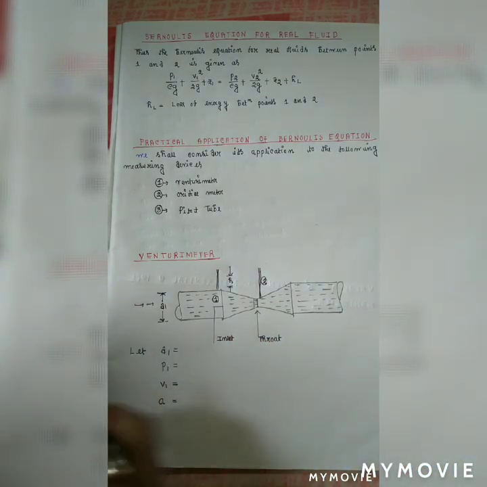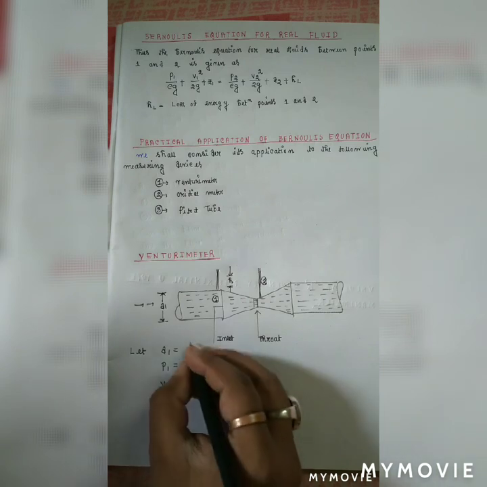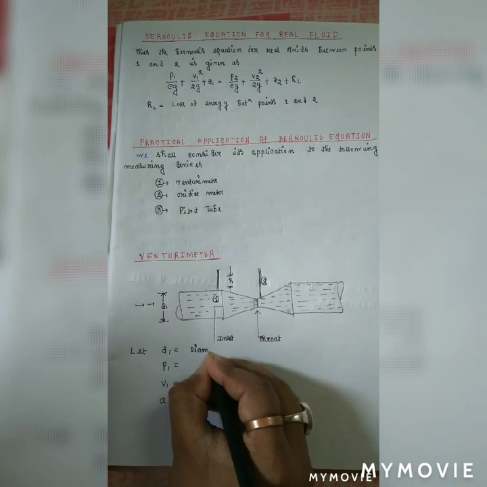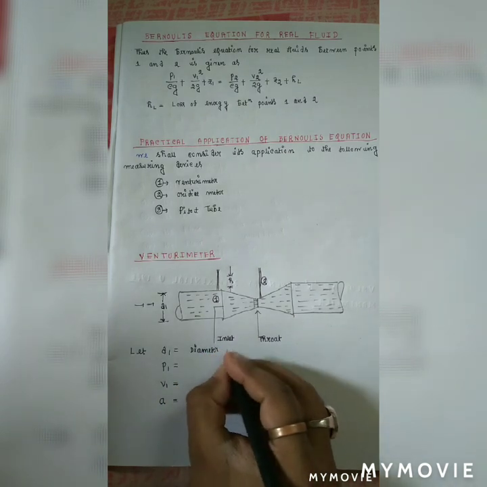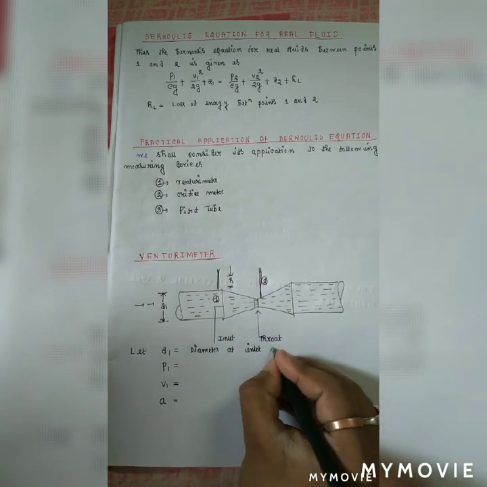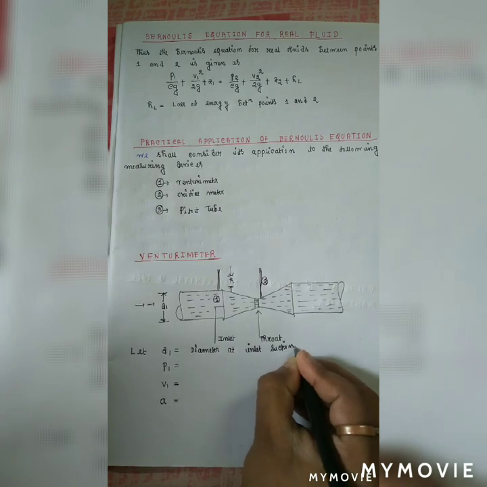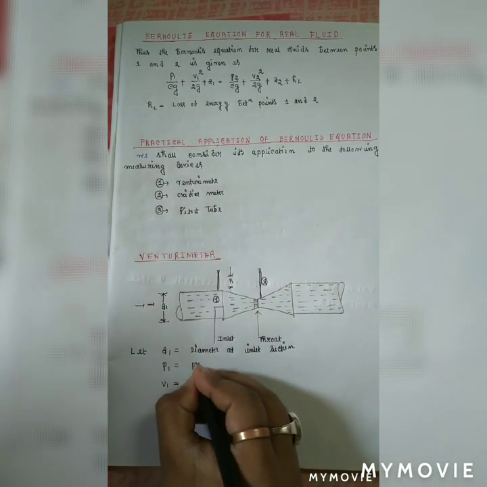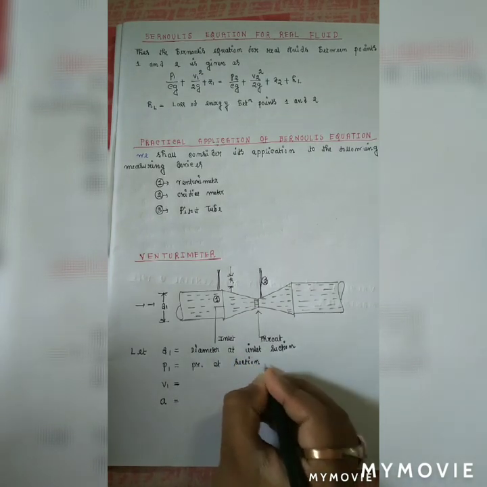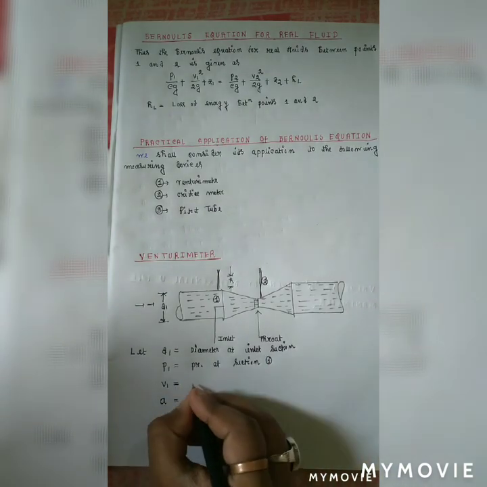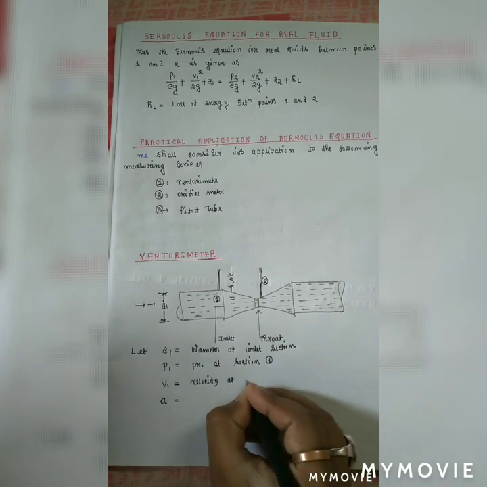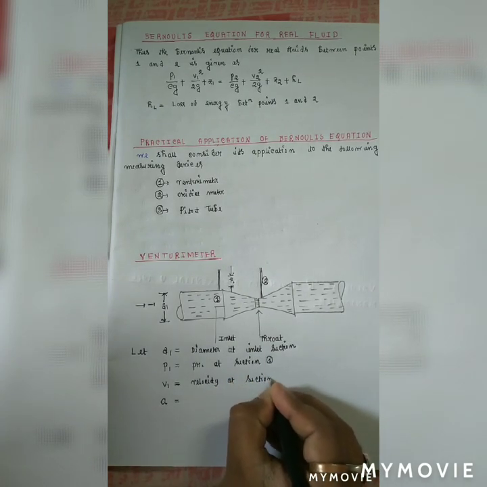First one is D1. What is D1? D1 equal to diameter at inlet or section 1. P1 equal to pressure at section 1, and next one is V1, velocity of fluid at section 1.